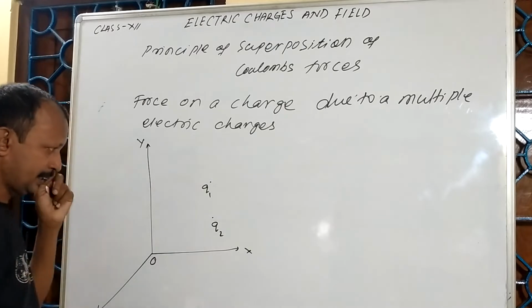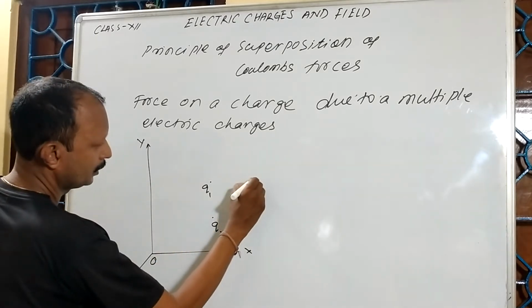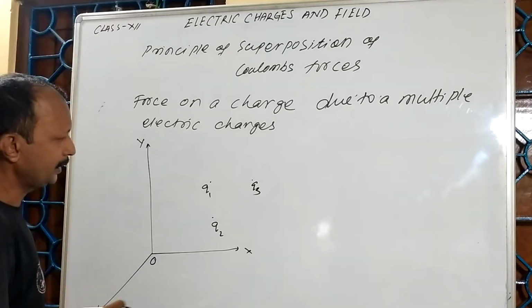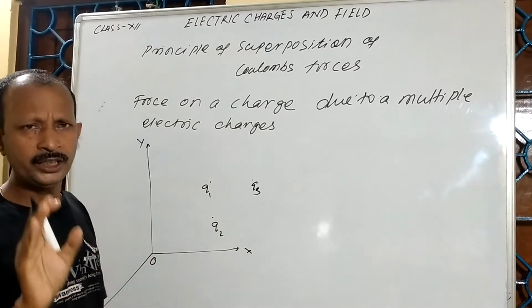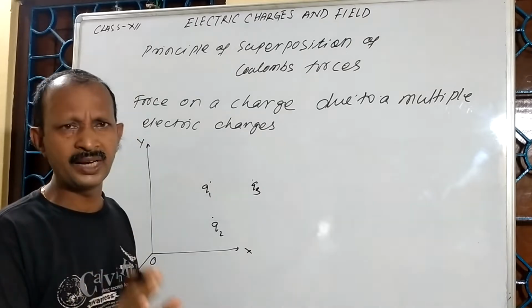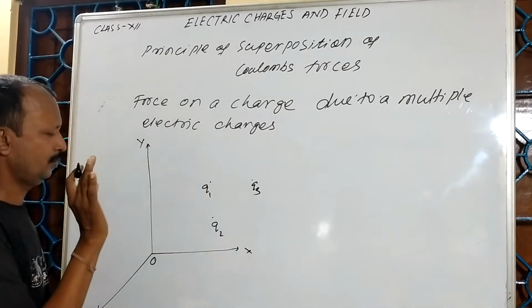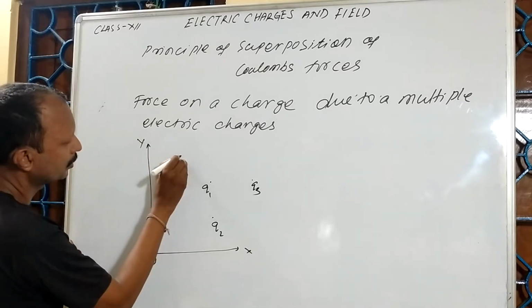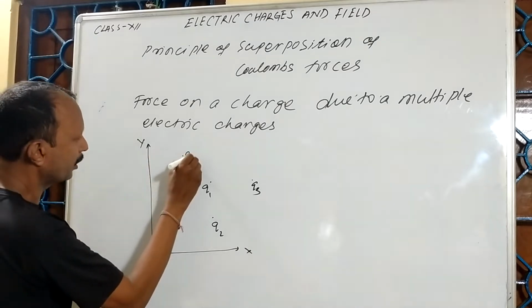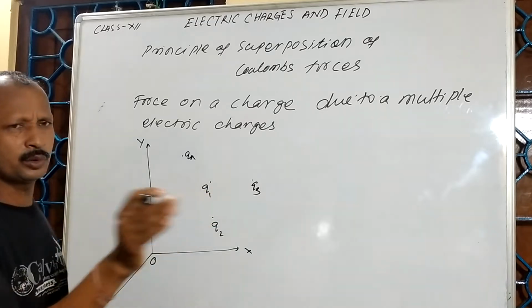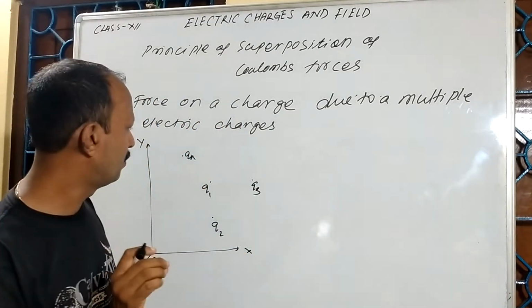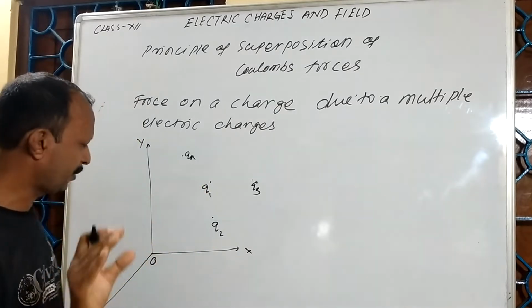Q2 is the charged particle here. Q3 is one more charged particle. Like that, multiple charged particles are present in this space. Suppose Q1, Q2, Q3 up to Qn, a large number of charged particles are present.